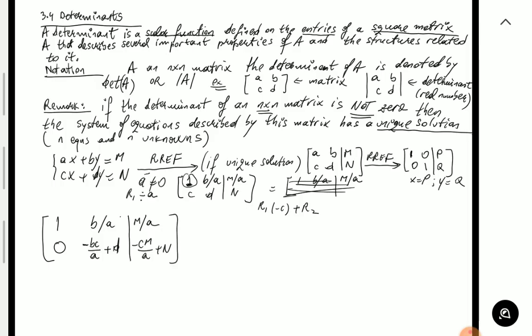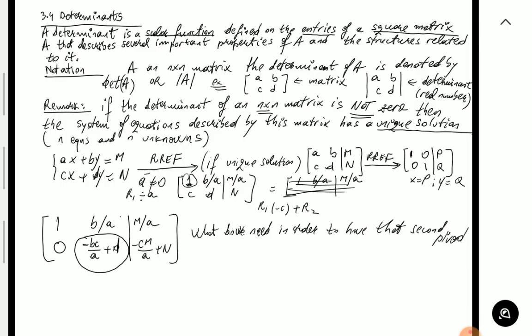I'm not going to move on further with the row reduction. The key thing I want you to focus on, to look carefully, is this entry here. What needs to happen? What do we need in order to have that second pivot?